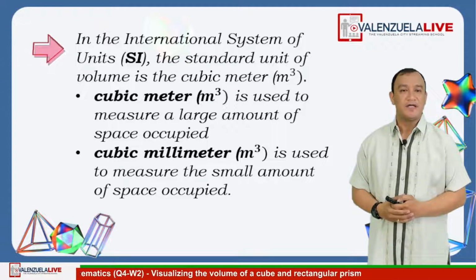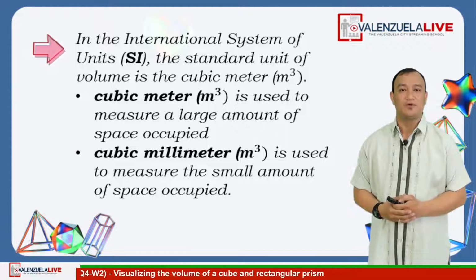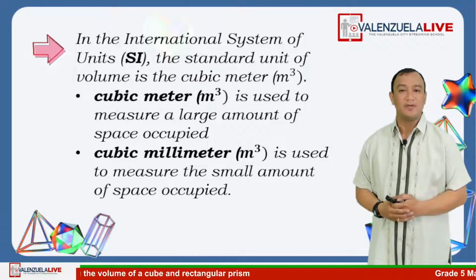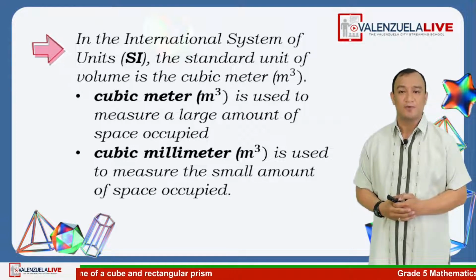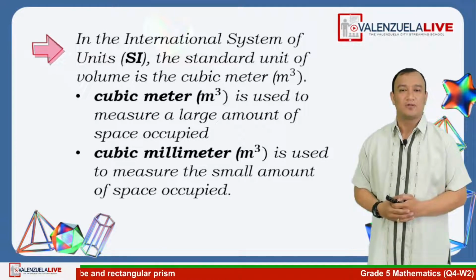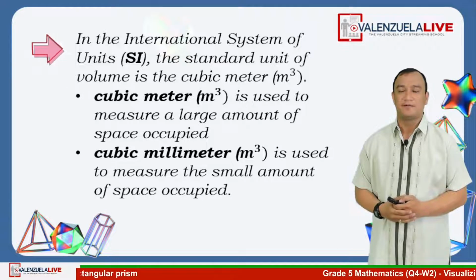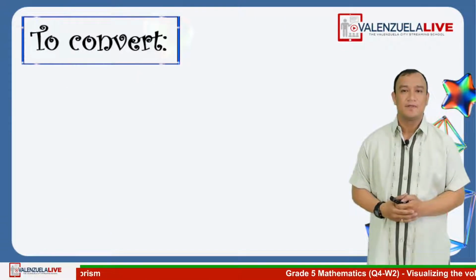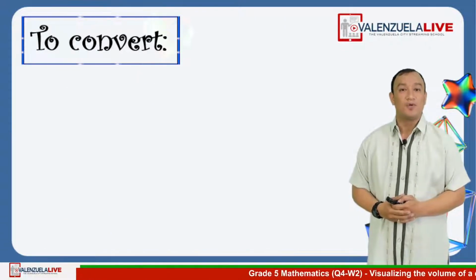Cubic meter is used to measure a large amount of space occupied. And cubic millimeter is used to measure a small amount of space occupied. These are the common units of measurement in measuring volume.